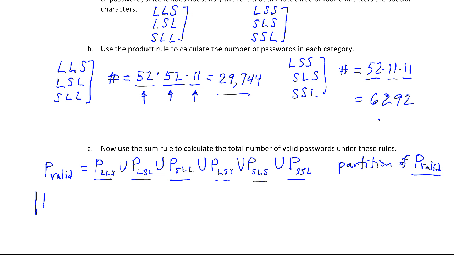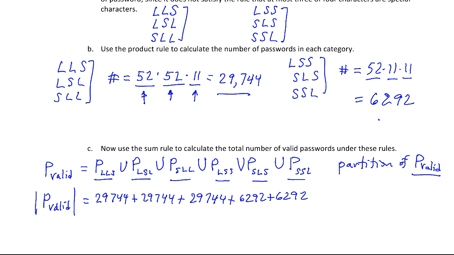In any case, the size of P-valid is 29,744 plus 29,744 plus 29,744 plus 3 of the 6292s, and it turns out to be 3 times the sum 29,744 plus 6292. And the whole number comes out to be 108,108.